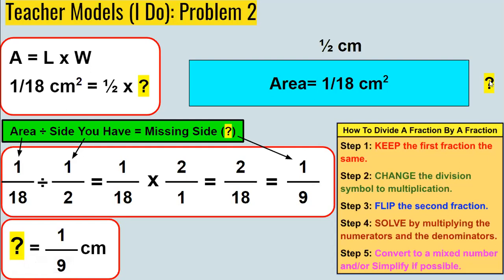Therefore, our width is 1/9 centimeters. Remember, when we divide by fractions, we multiply by the reciprocal, or flip that second fraction. See, divided by 1/2 turns into times 2/1. We flipped it, and then we just multiply across.